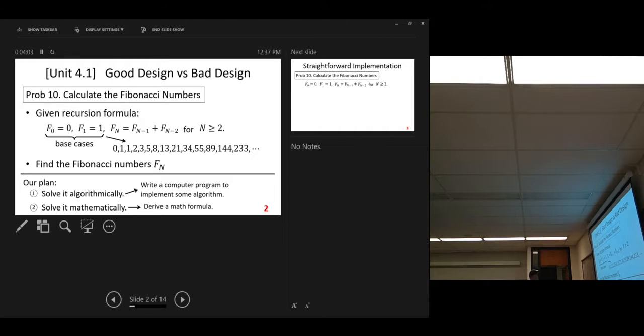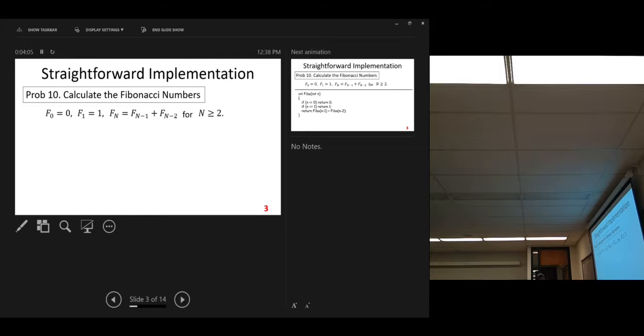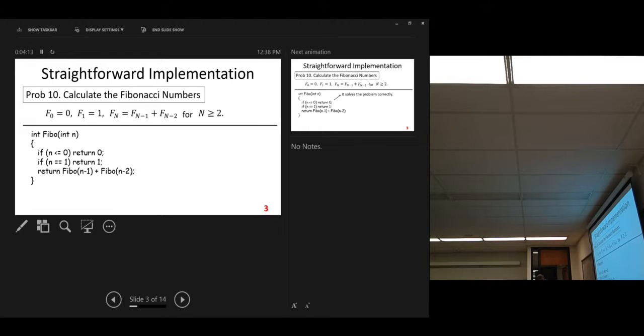All right. So let's do the first one, the easier one. Straightforward implementation. So this is our Fibonacci function. See? Recursion, two base cases. Other than that, recursive function call.